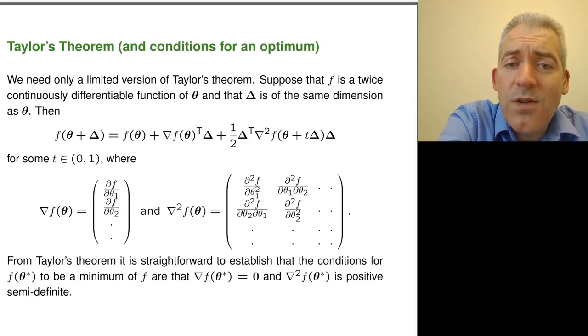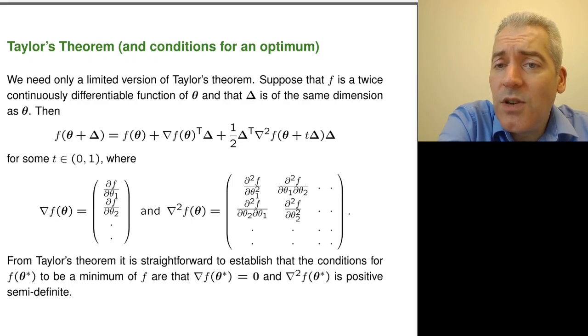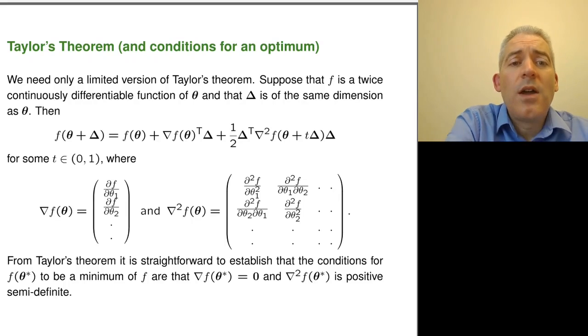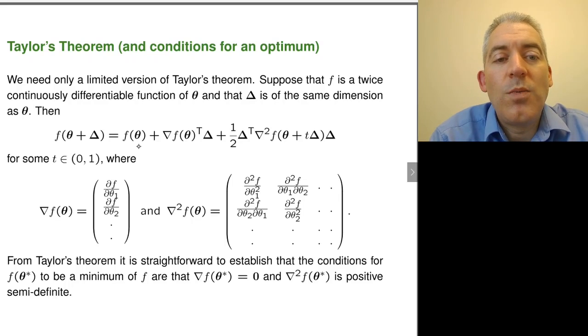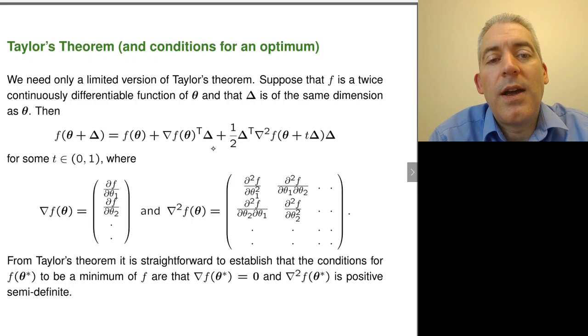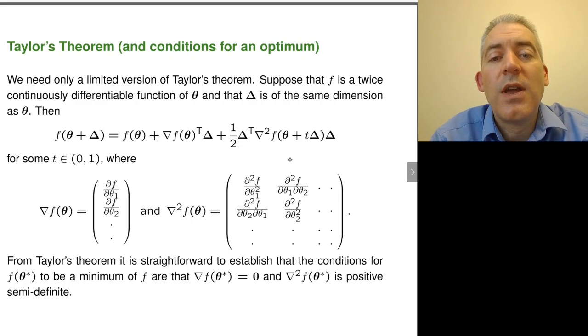And what Taylor's theorem does is tell you how Taylor's polynomial relates to the true function by introducing an error term that tells you what the error is associated with that truncation of the Taylor series. Here, we've written it out to first order. So our Taylor polynomial is just f of theta plus this gradient term, and then this second term here is the error term associated with that first order approximation, and it's written in Lagrange's form.